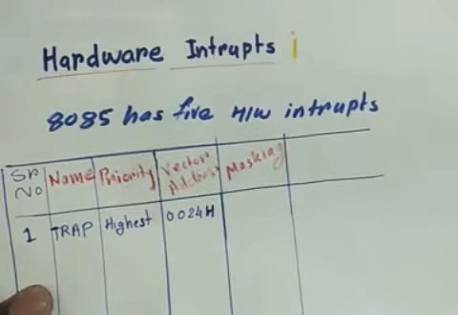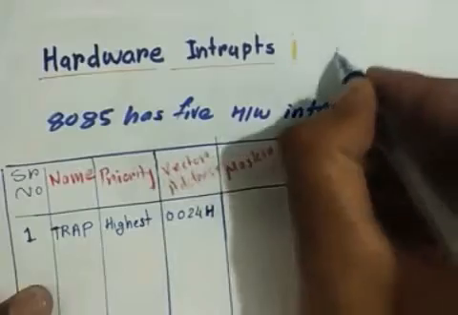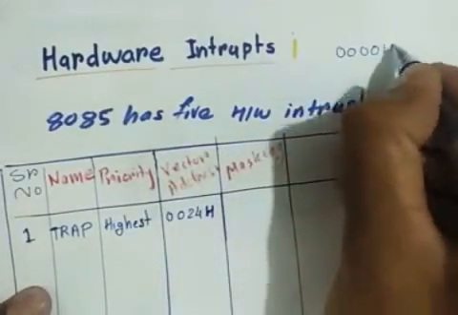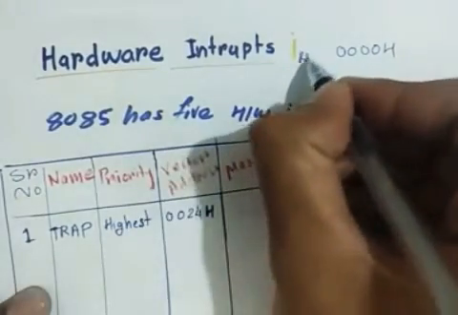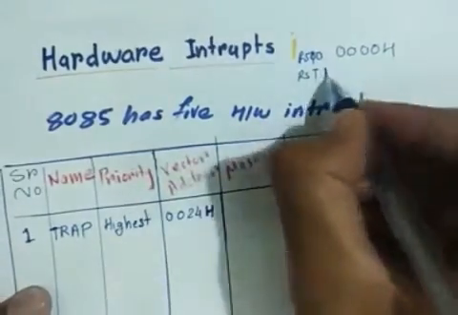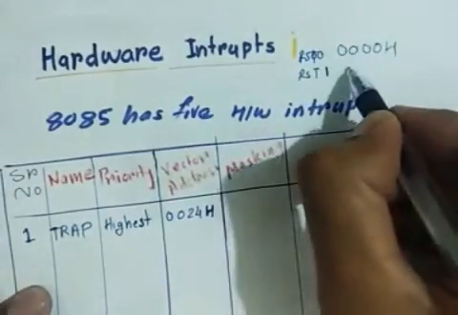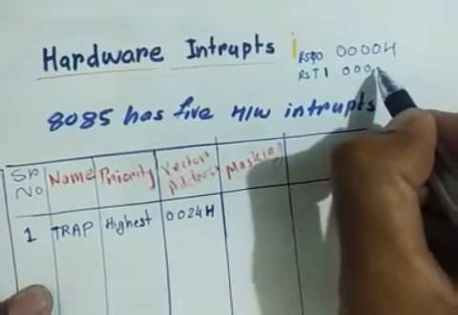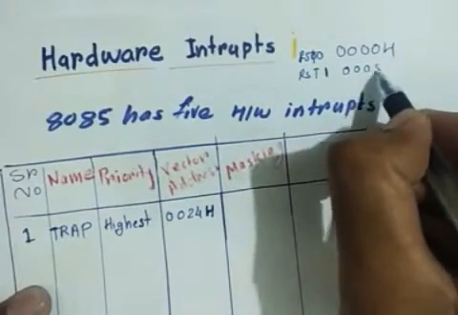If we consider that RST0 has the vector address 0000H, then RST1 will have the address for the interrupt service routine as 0008H.